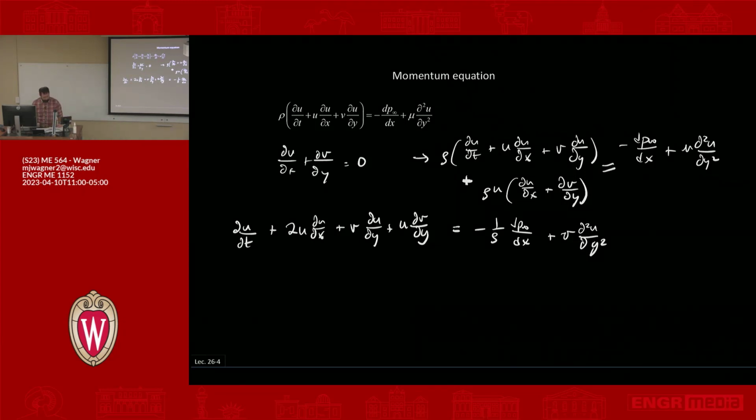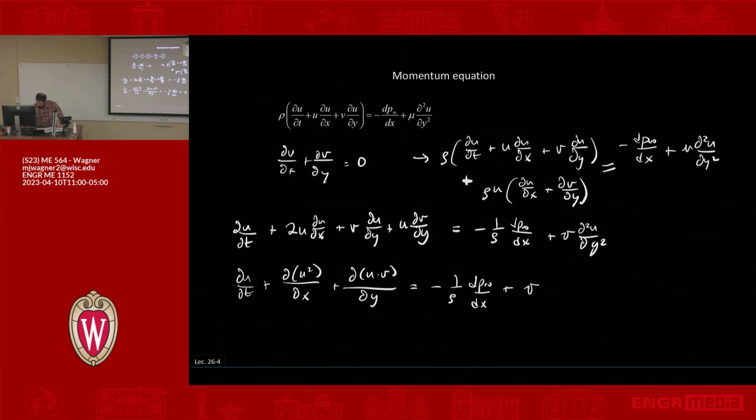So again, a little bit of algebra here would become partial u partial t plus, now this is partial u squared partial x plus partial u v partial y is equal to minus 1 over rho dp infinity dx plus nu times the second derivative of u with respect to y.